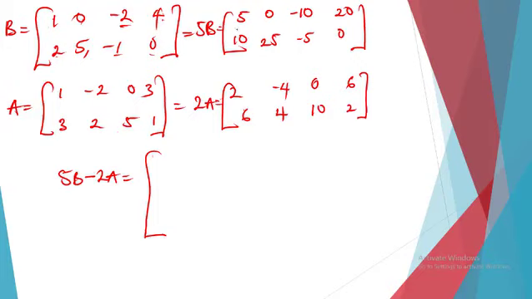okay, so let us start. We have 5B minus 2A.